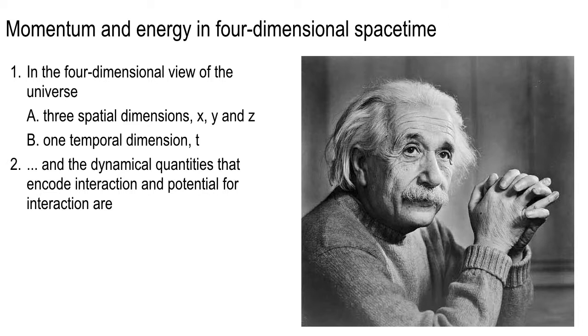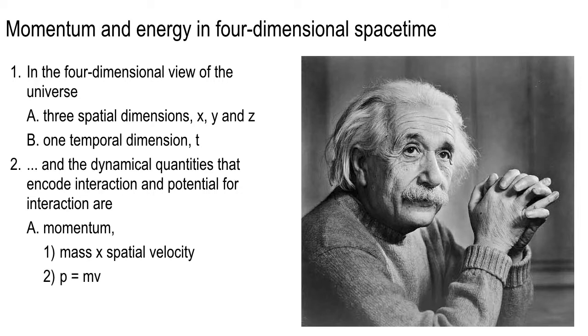Now, the dynamical quantities that encode interaction, the potential for interaction, are similar to the positional description. Momentum is the first part, and momentum is mass times the spatial velocity: vx, vy, vz, even though we usually work only vx or vy. Sometimes we have vx and vy, like with a baseball problem. So P is equal to mv, and the other component of the dynamical quantity is the energy.